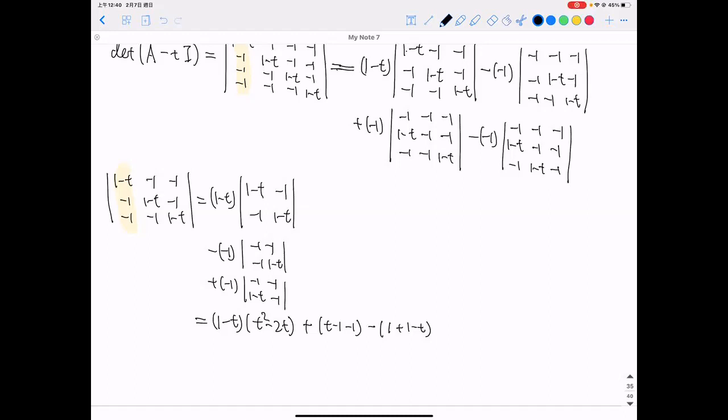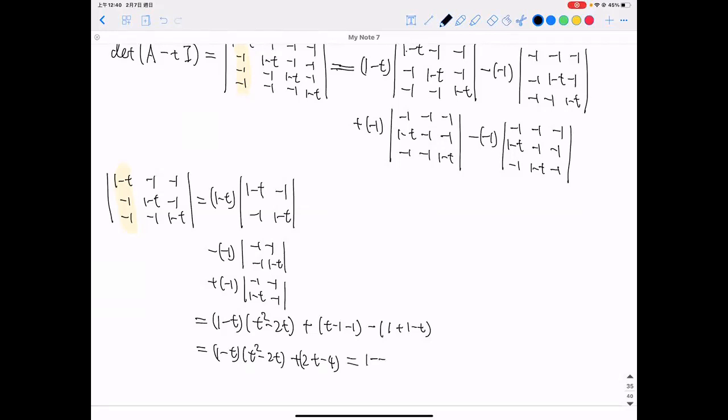So 2t. So t minus 2 minus minus 2 plus t. So 2t minus 4. 1 minus t. t squared minus 2t plus 2t. 2t minus 4. We're going to factor this now.